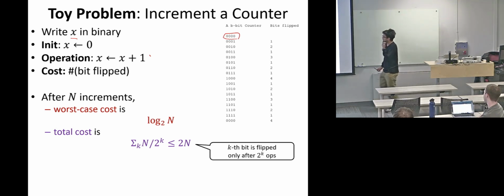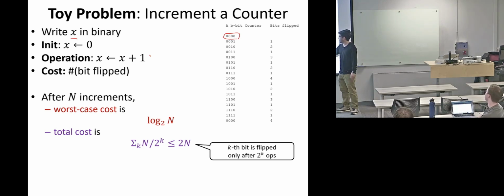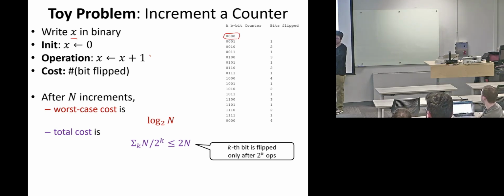Because if you focus on the kth least significant bit, the kth bit will be flipped only after 2 to the k operations. The least significant bit will be flipped on every operation, the next one every 2 operations, the next one every 4 operations, and so on.